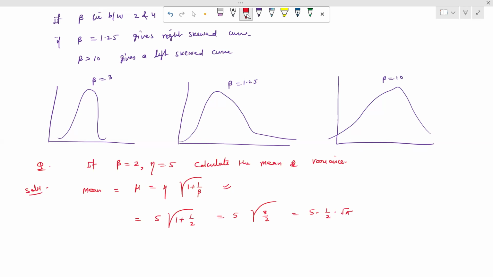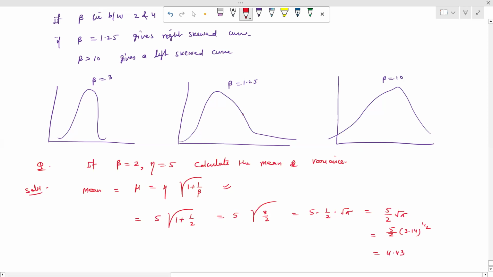So the mean is 5 into 1 by 2 root pi, which is 5 by 2 root pi. Pi is 3.14, root pi is pi to the power 1 by 2. Simplifying, this gives us approximately 4.43.